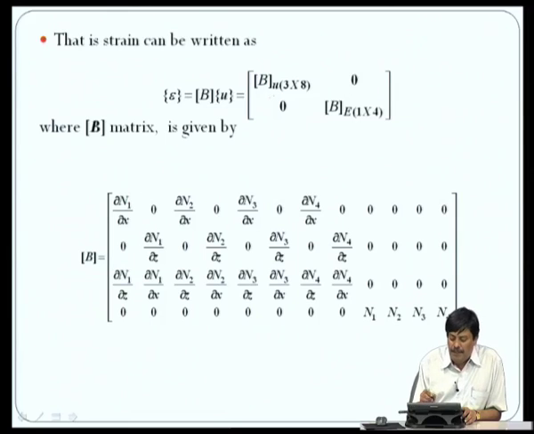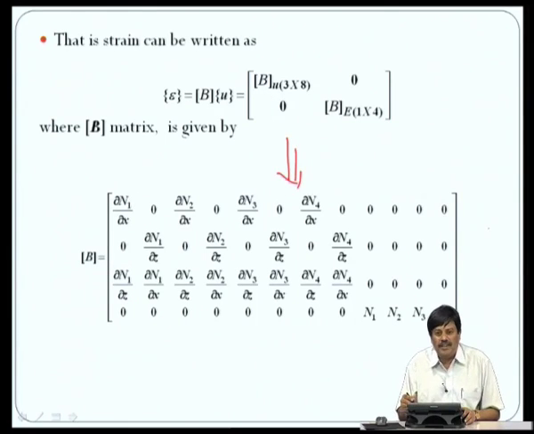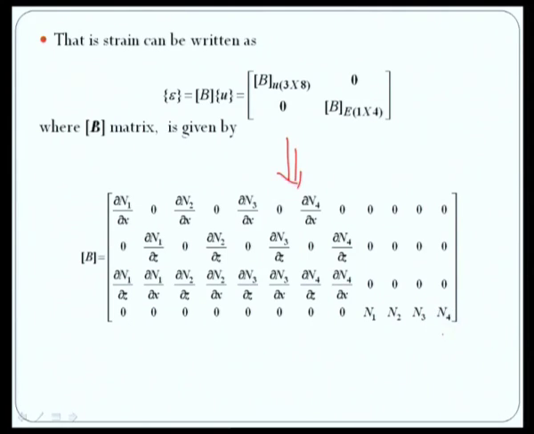The expanded form of this B matrix is given by this equation here, where the B matrix will contain only the shape function matrix corresponding to the electrical degrees of freedom. This part is very similar to what we derived in the earlier lecture, so we just directly port it here. These are filled with zeros, and only the part corresponding to the electrical degrees of freedom gets added to the strain displacement matrix.